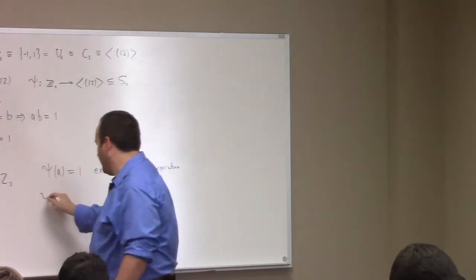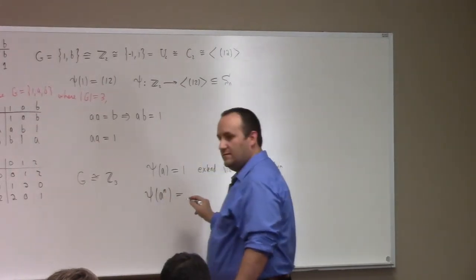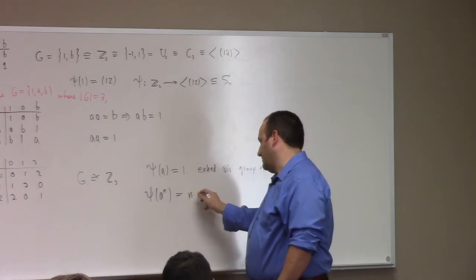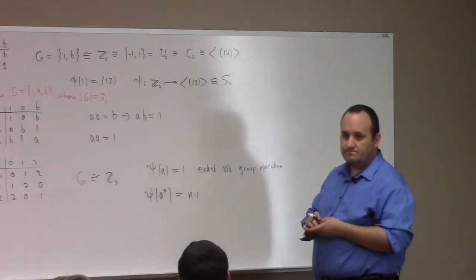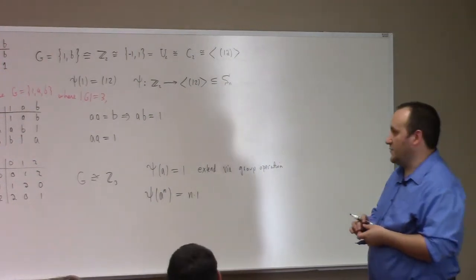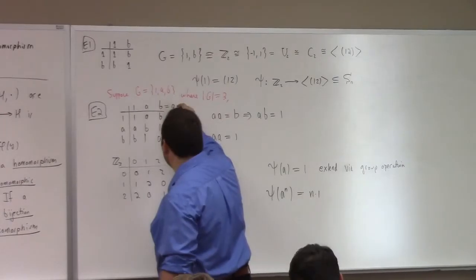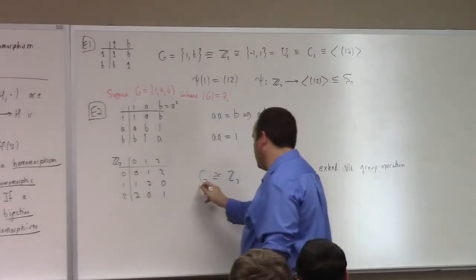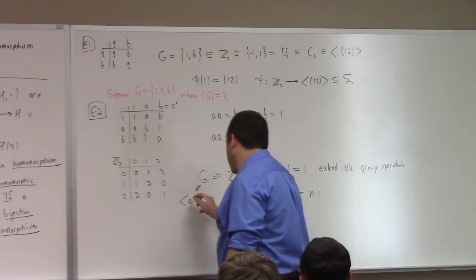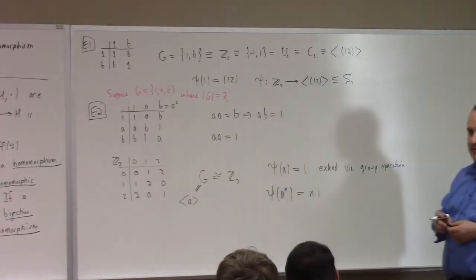I'm saying that phi of a to the n should be defined to be n times 1, and that will define the isomorphism. Because, of course, we know that b is actually equal to a squared. So this G was nothing more than an alternate notation for C3 in disguise.